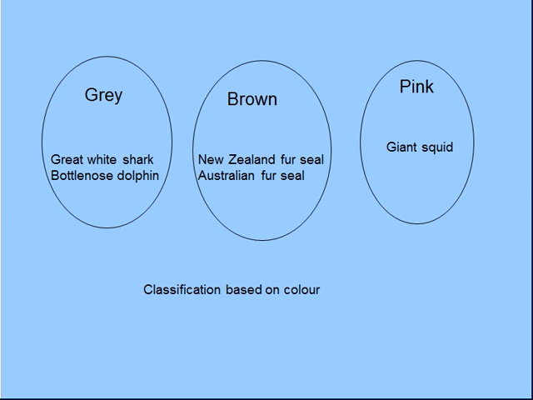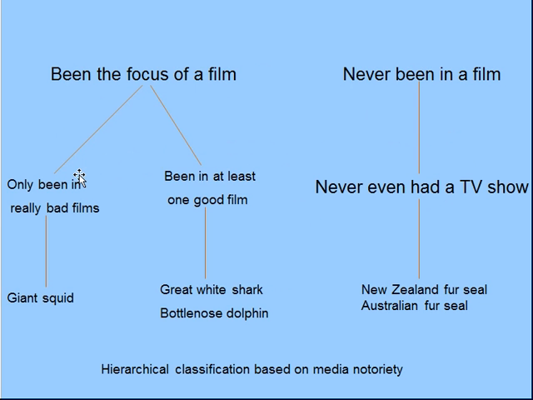Here's another way: been the focus of a film, or never been in a film. You can further classify these: in really bad films, giant squid; or been in at least one good film, the great white shark and bottlenose dolphin. Jaws is a fantastic film. And the bottlenose dolphin, what dolphin movie was there?